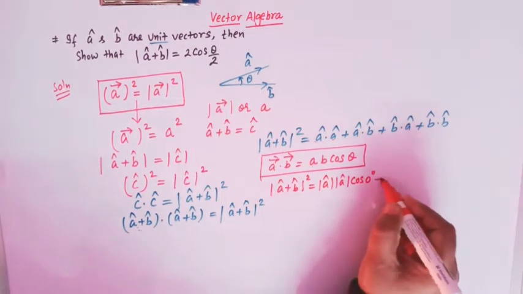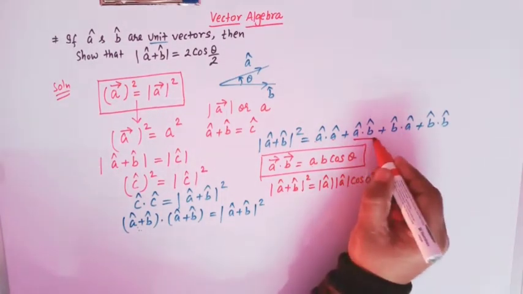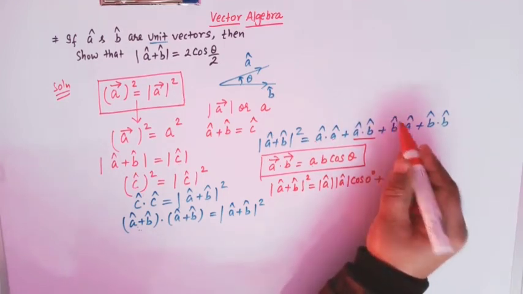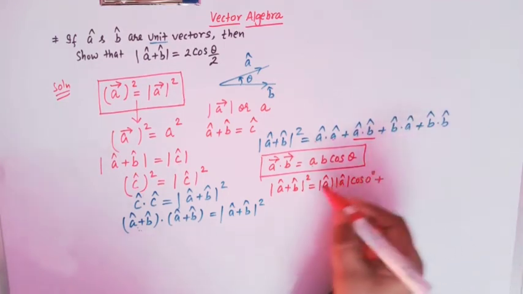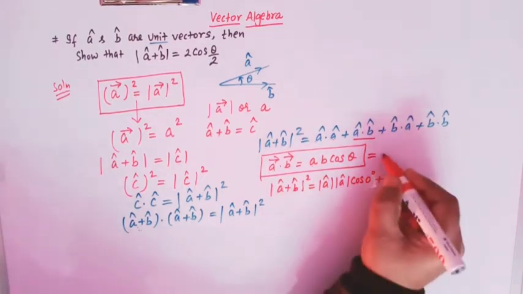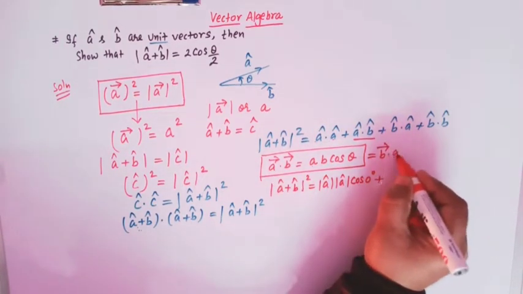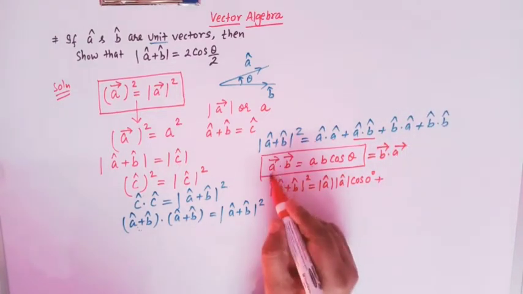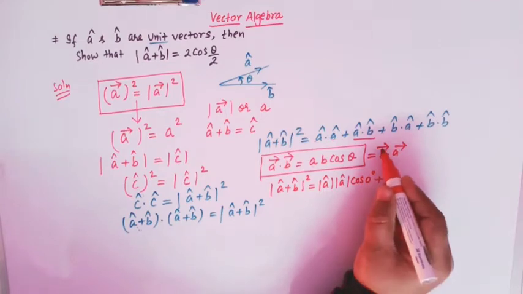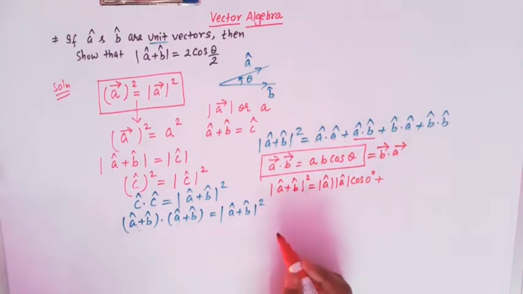Then we have a cap dot b cap and b cap dot a cap, and we know that the dot product is commutative, so we can write vector a dot vector b as vector b dot vector a.